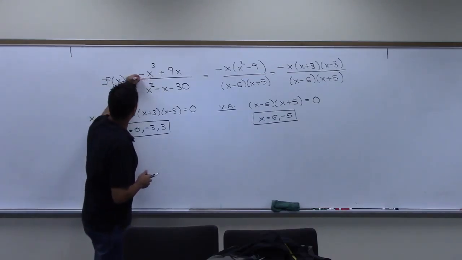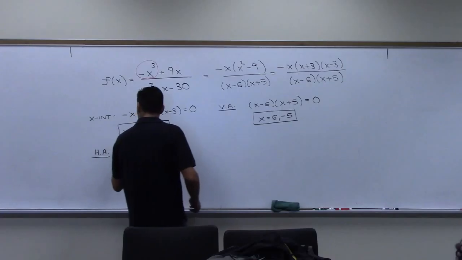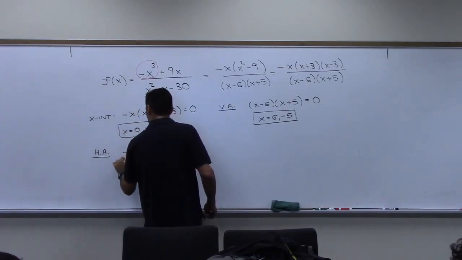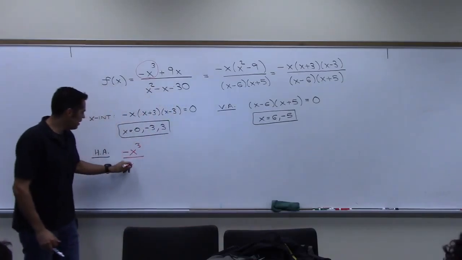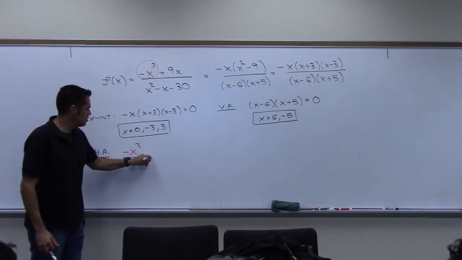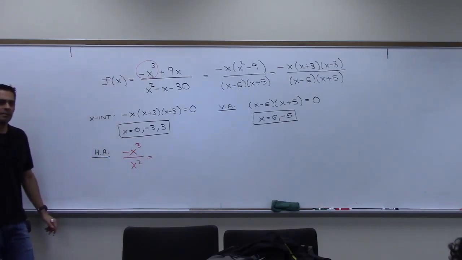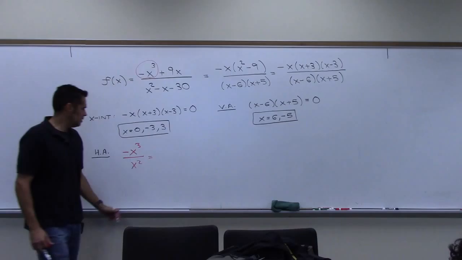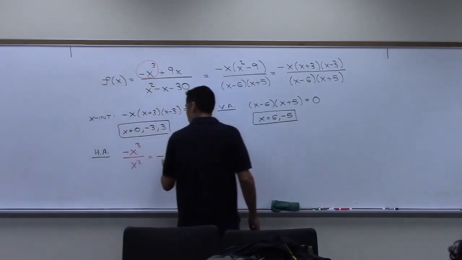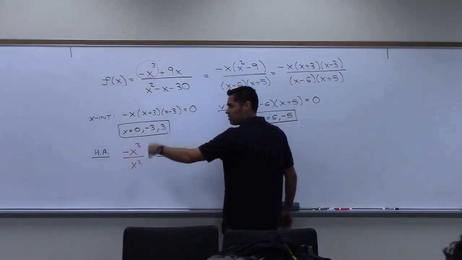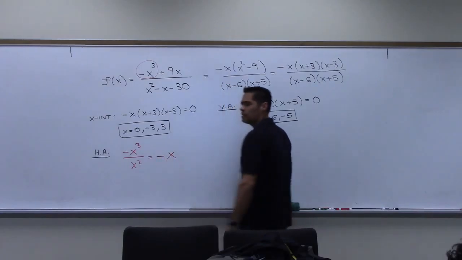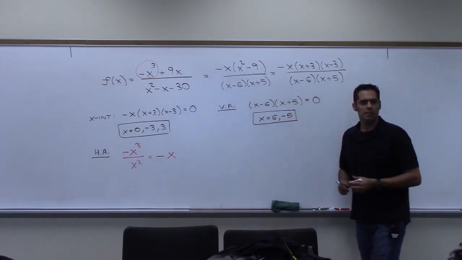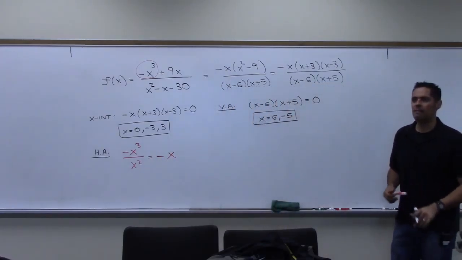So here it's x cubed. So this is behaving a lot like x cubed over x squared, which is really behaving like negative x over 1, right? If I cancel out an x squared, this is acting like negative x. That's what it seems to be behaving like, right?